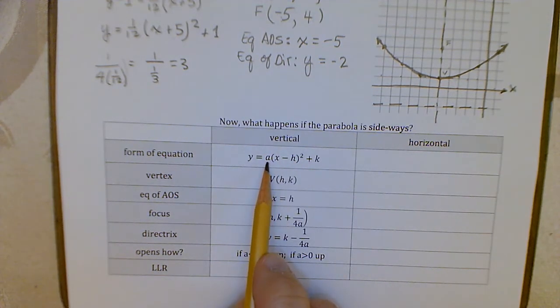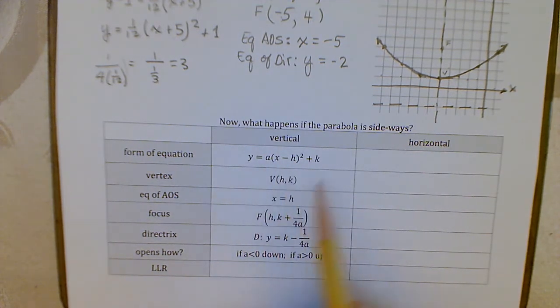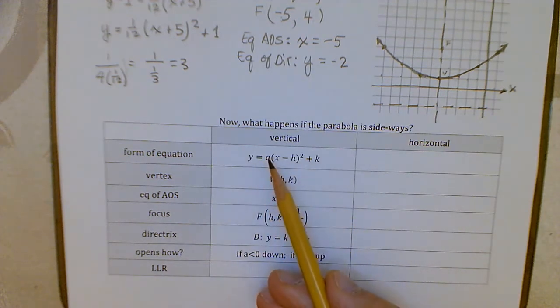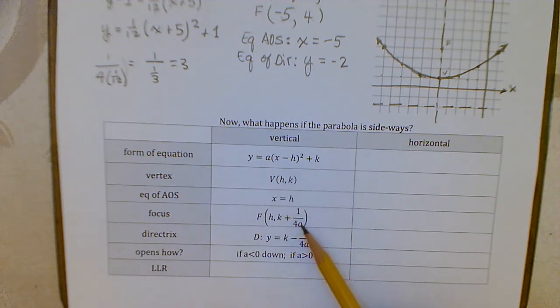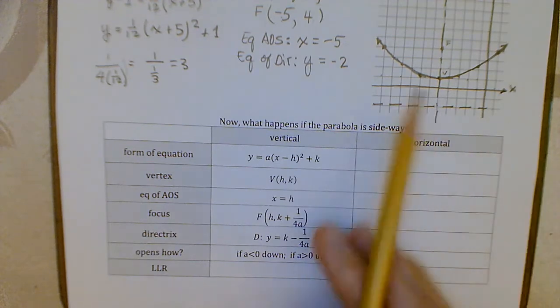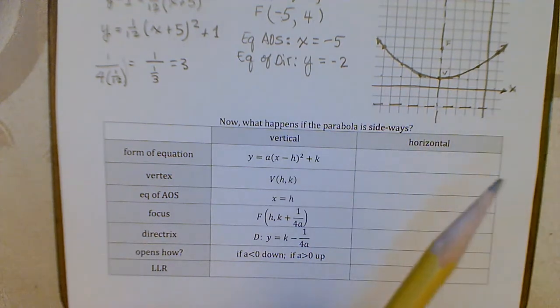And the A is going to say if it's positive, I know the focus is this distance above, right? If it's negative, then I know the focus is going to be this distance below the vertex. So I wouldn't really worry about memorizing all of this and memorizing this formula. Just know which direction you're going, and when you do your graph, make sure you go in the right direction.